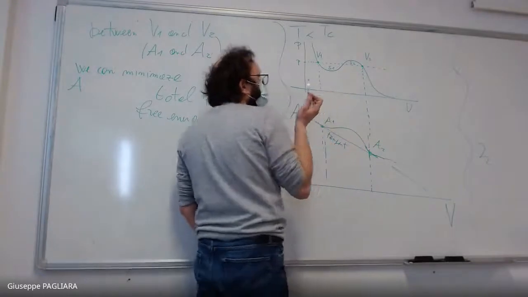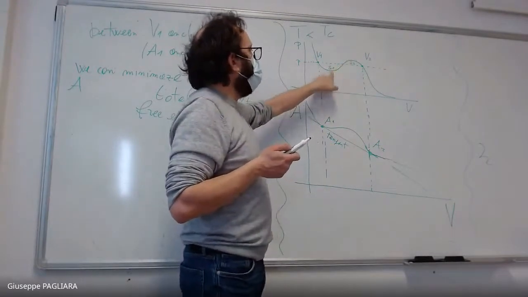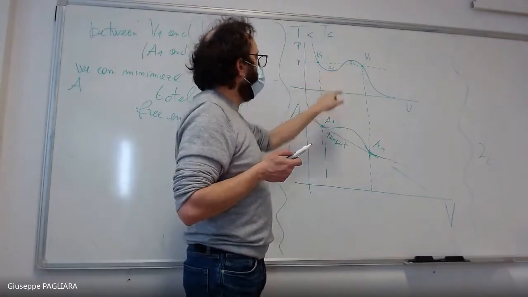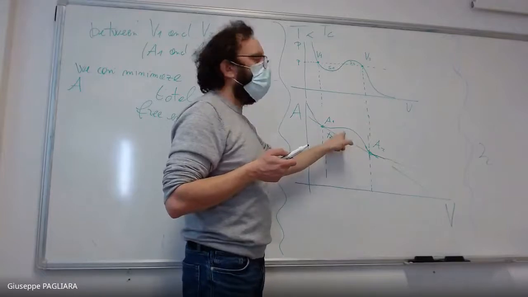If I follow the van der Waals line, which is mechanically unstable for what we said here, I should follow this line here along the A-book line.